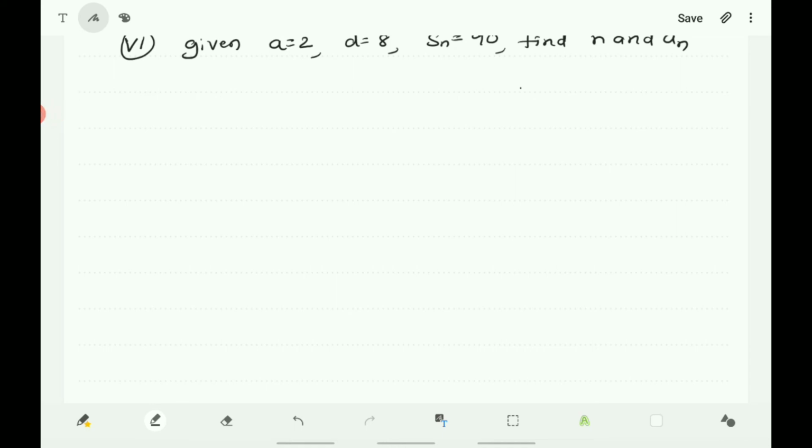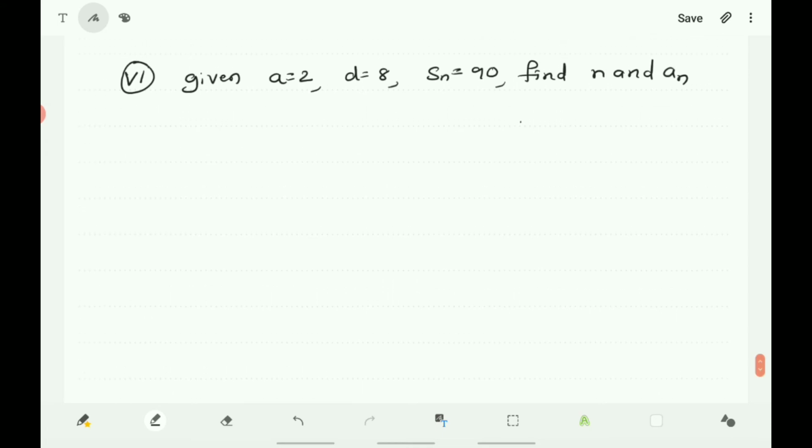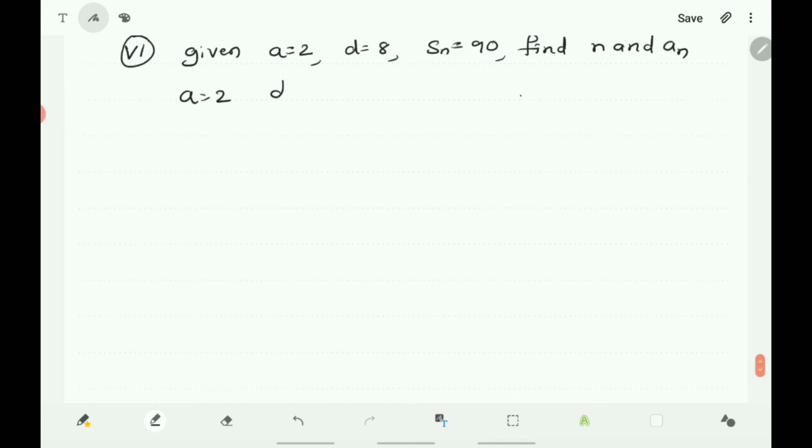Here the third main, sixth question: given a is equal to 2, d is equal to 8, Sn is equal to 90, find n and an. So you take a is equal to 2, d is equal to 8, Sn is equal to 90, n equals question mark, an equals question mark.